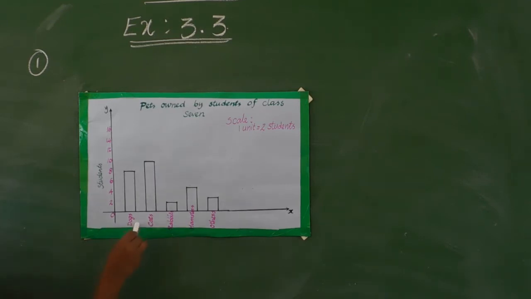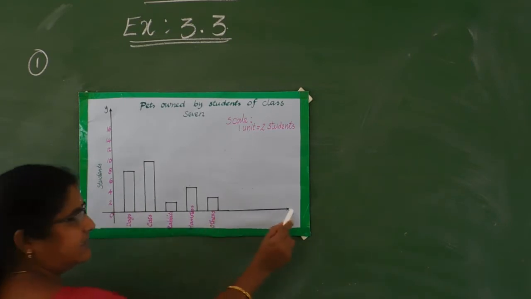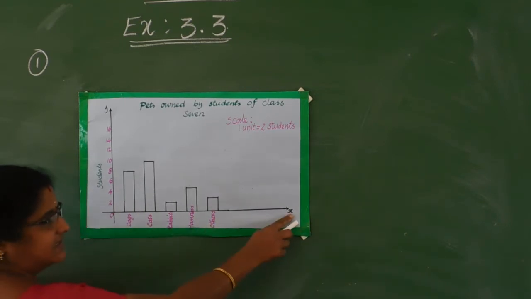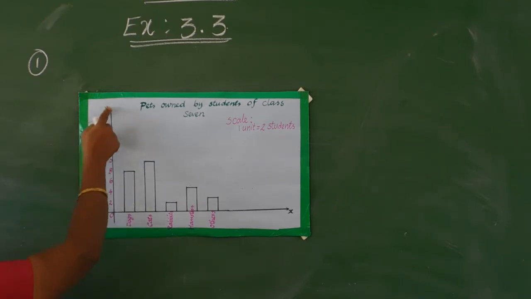In this, what is given? When we draw a graph, we need to draw a horizontal line, called the x-axis, and a vertical line, called the y-axis. These two lines are very important.